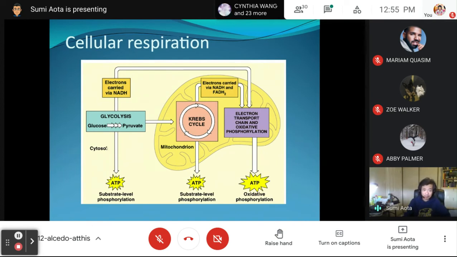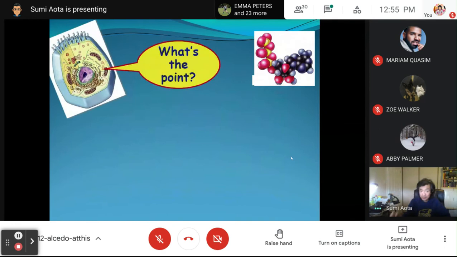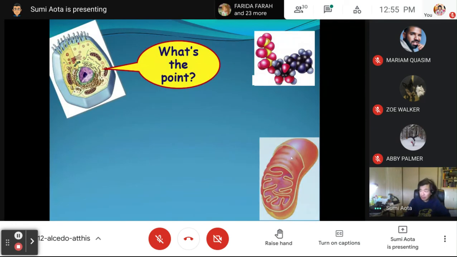So up to this point in cellular respiration, for every mole of glucose used, we've produced 4 moles of ATP. With this last step, every mole of glucose will end up producing 36 moles of ATP. So it's a massive change, and the point is to make ATP.